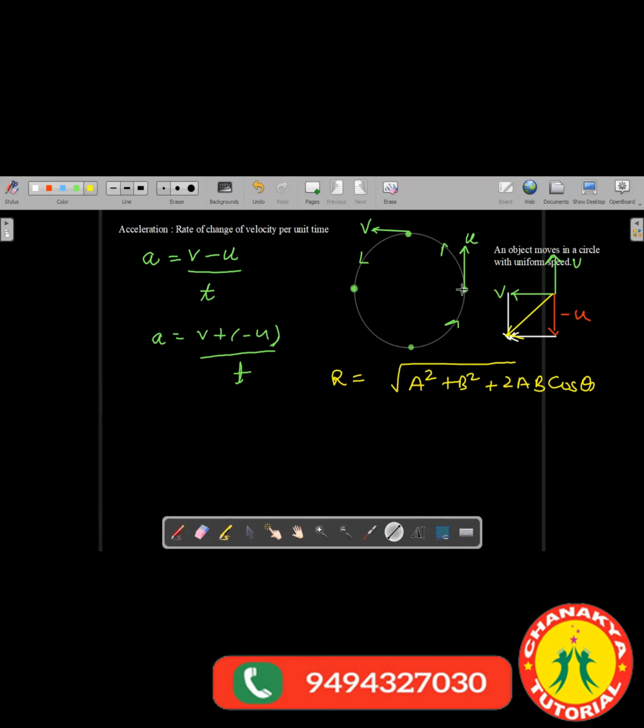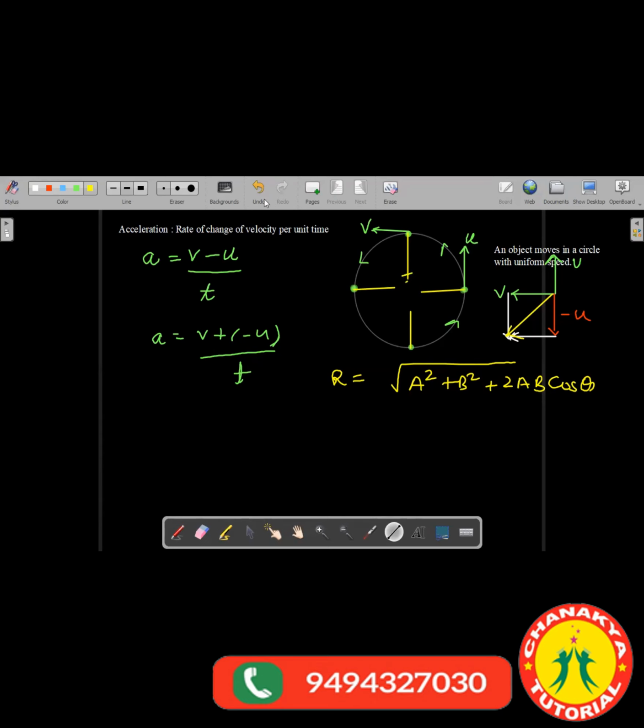Now, is this acceleration a uniform acceleration or a non-uniform acceleration? Is this acceleration uniform or non-uniform? See, as I told you, every time the acceleration is pointing towards the center.